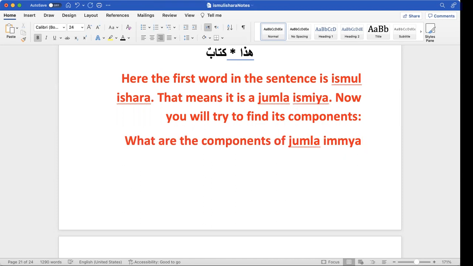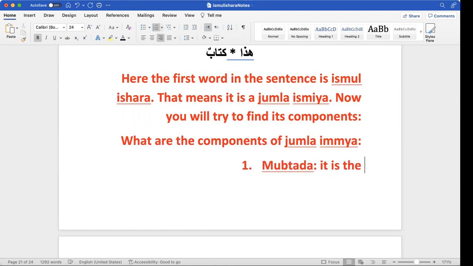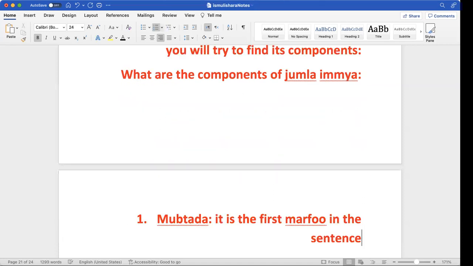Number one, Mubtada, and Khabar. Mubtada is the first marfu in the sentence, or it is a fragment, ism plus ism, you can say.